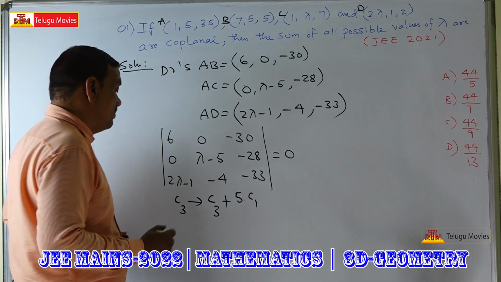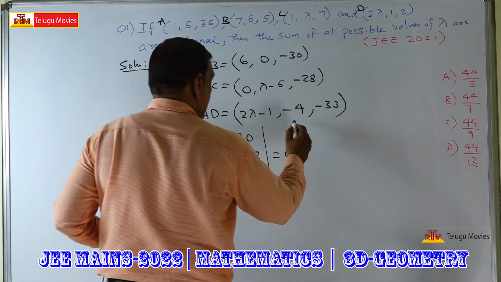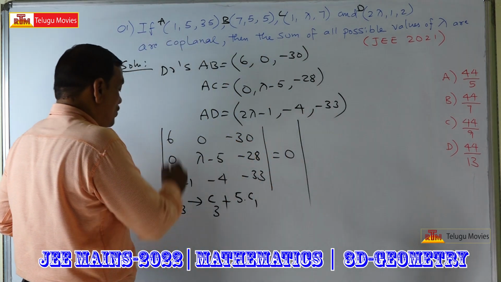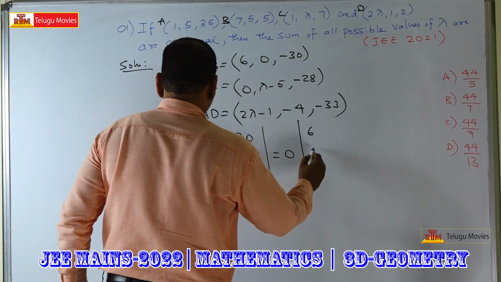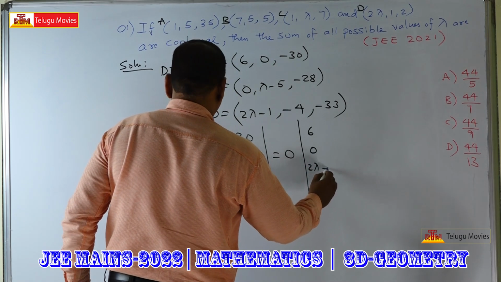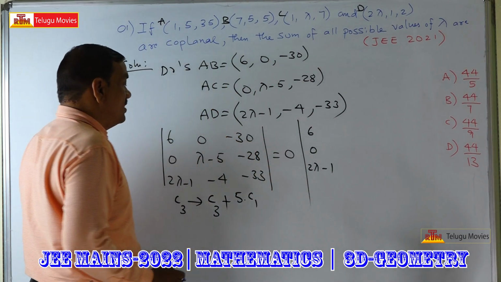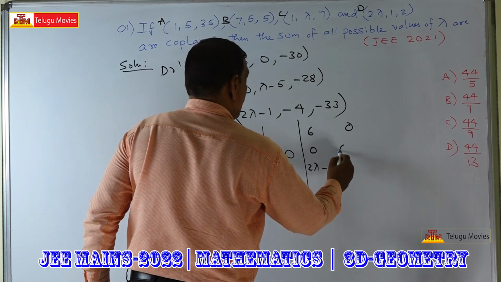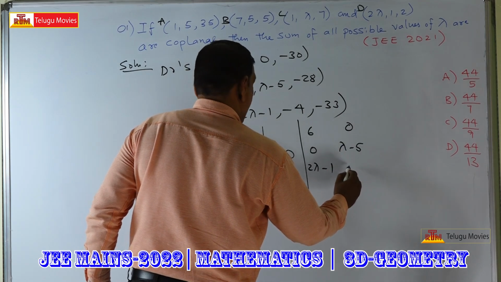So, then this modulus will become like this. First column as it is: 6, 0, 2 lambda minus 1. Second column as it is: 0, lambda minus 5, minus 4.